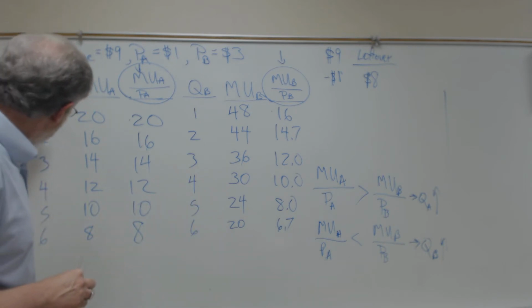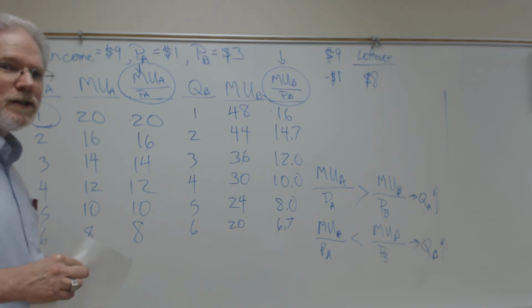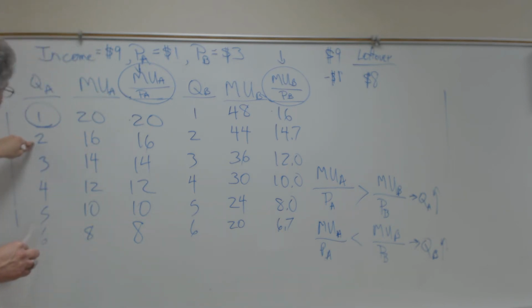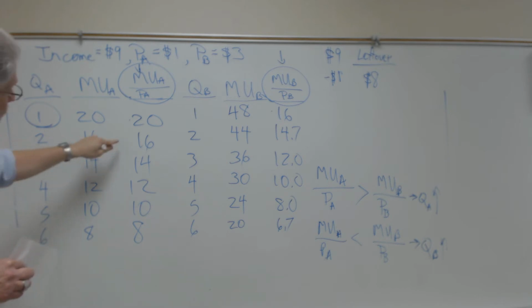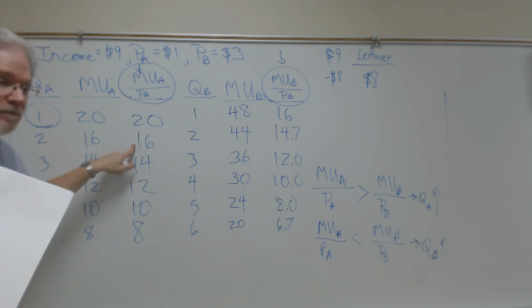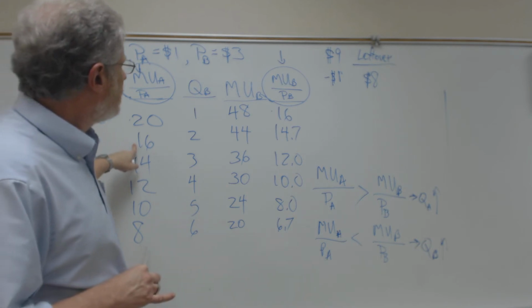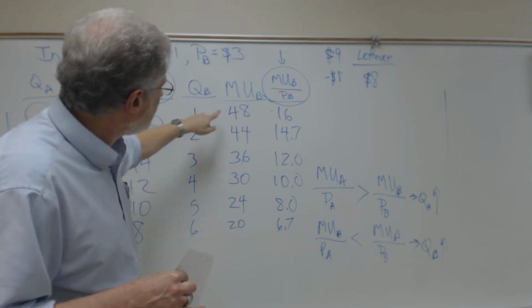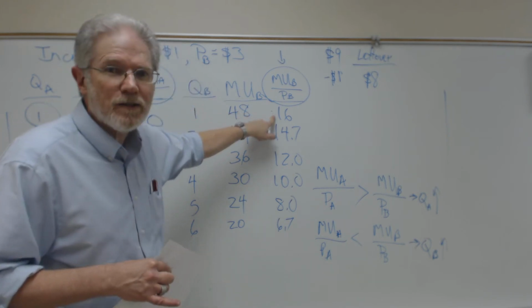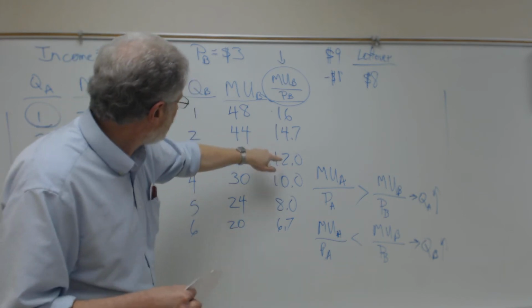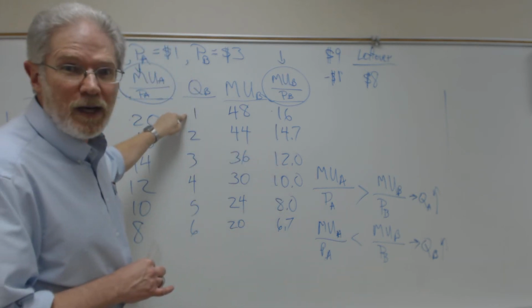So he's bought the first apple. What are his options now? Well, he could buy the second apple, and that would produce for him 16 units of utility per dollar, or he could buy the first banana. And that would give him 16 units of utility as well. Okay. Now, if you're thinking, but well, why don't we go to here? Well, he hasn't already bought the first banana yet.